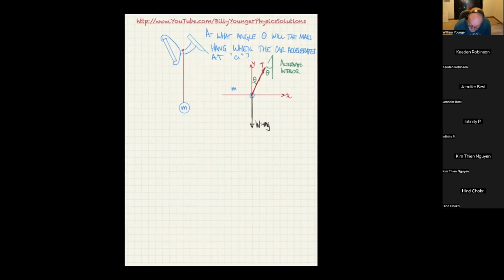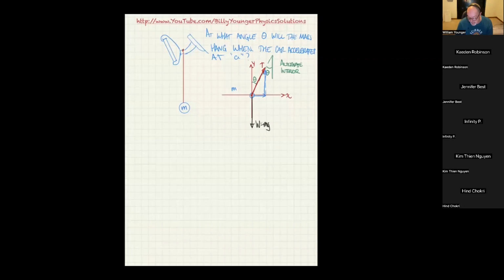So what I'm going to do now is realize that the component of that tension in the x direction is going to be positive, and the component of that tension in the y direction is going to be positive as well.